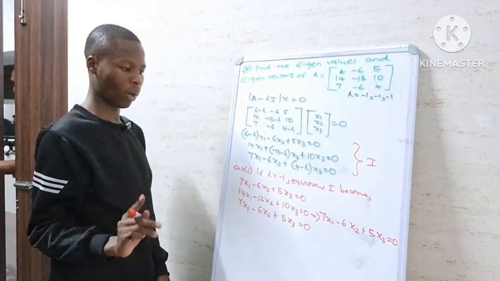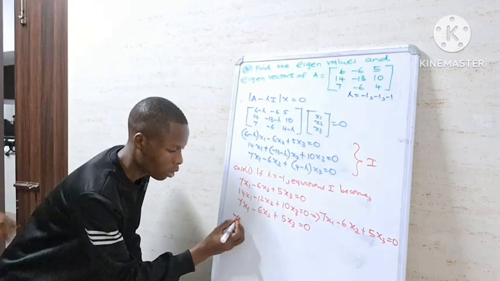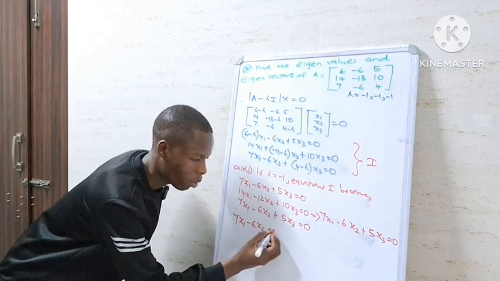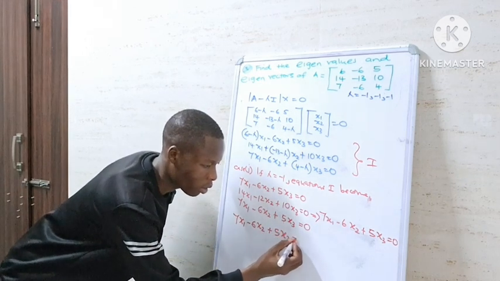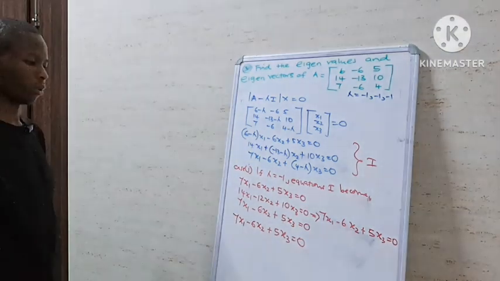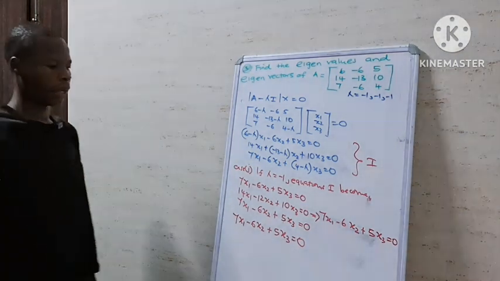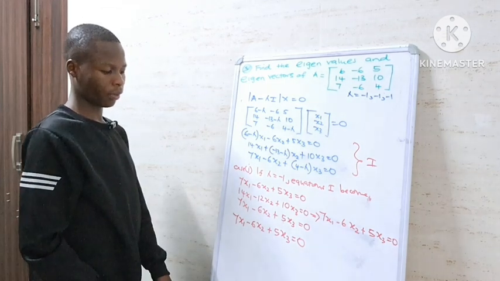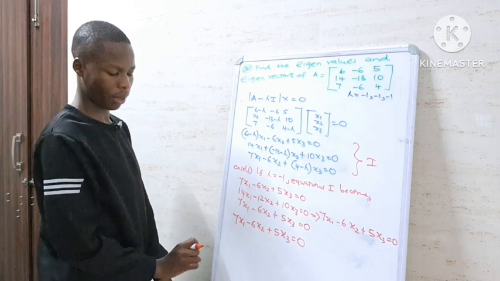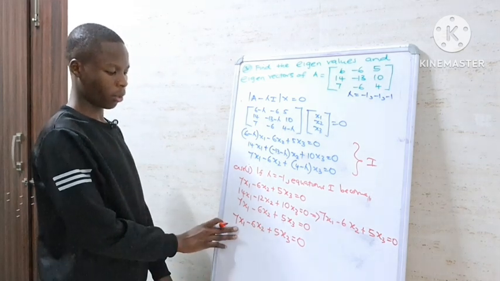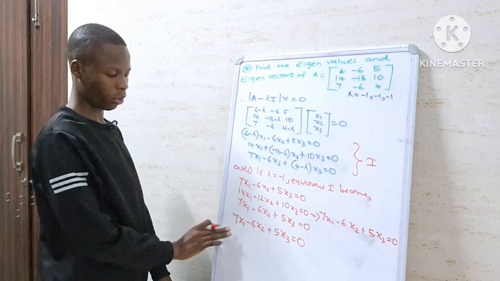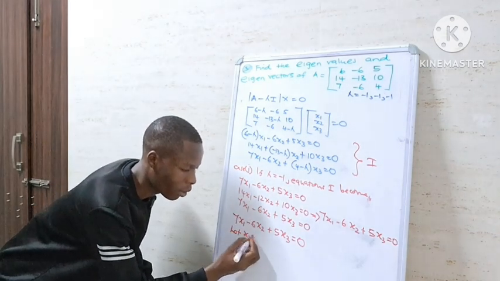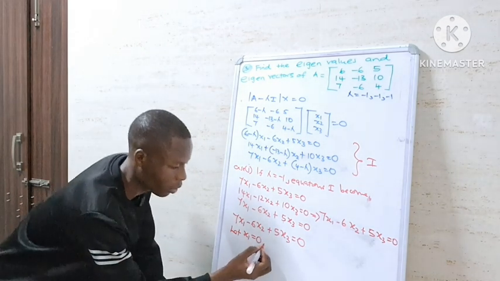You take one equation, 7x1 minus 6x2 plus 5x3 is equal to 0. If you have one equation, you assign one of the three variables a value. So I am going to assign 0 to the variable x1. Let x1 be equal to 0.